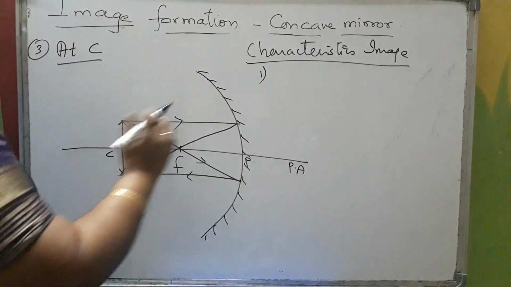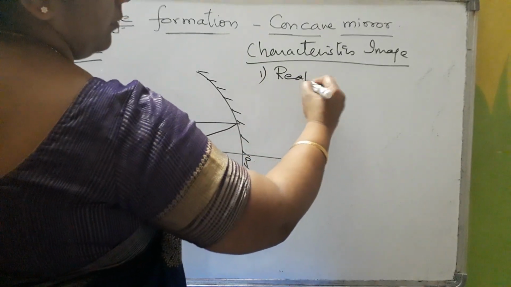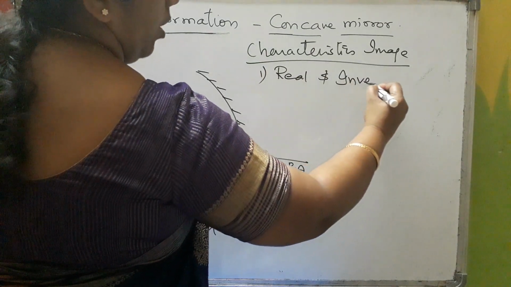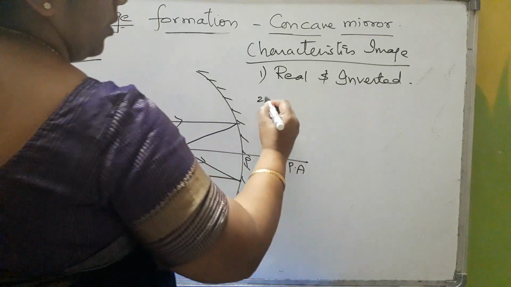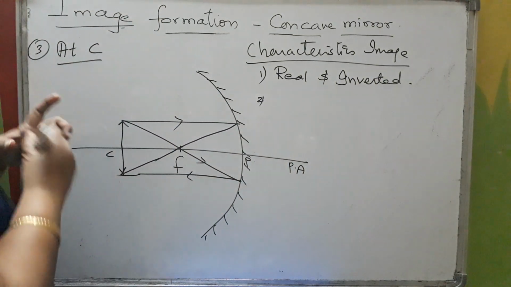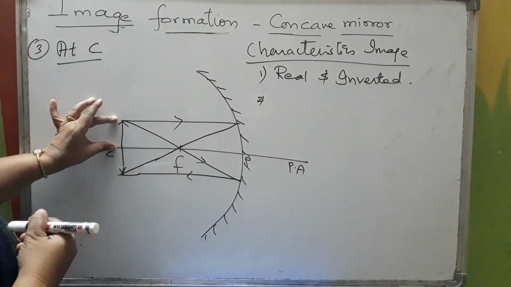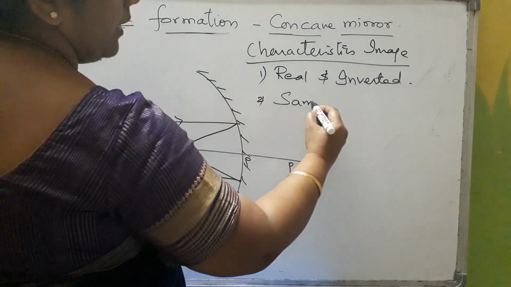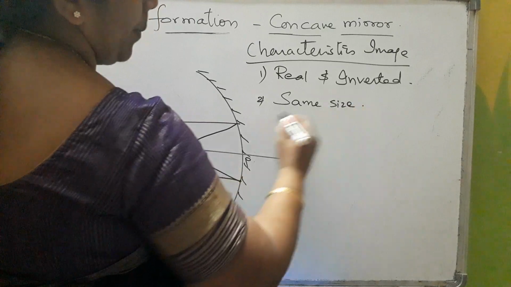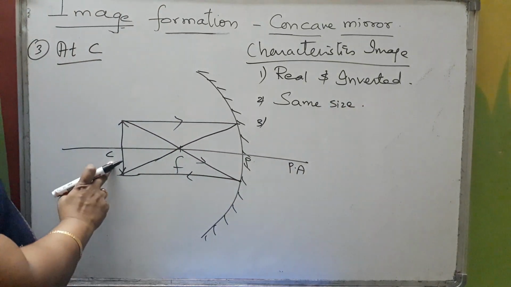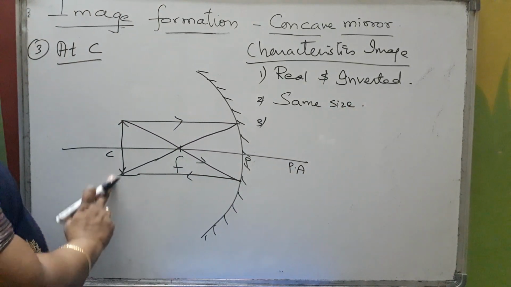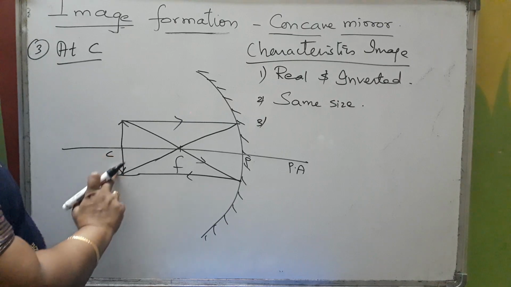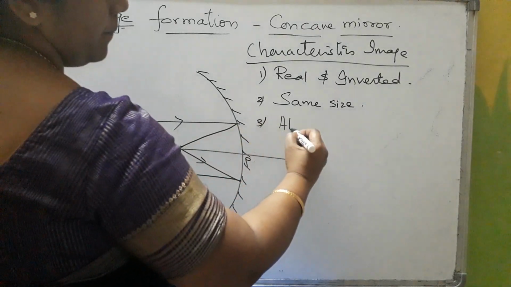Since it is formed in front of the mirror, you call it real and inverted. Look at the size. Object size and image size are going to be the same, right? Same size image. Number 3, the position of the image. The image is at C.